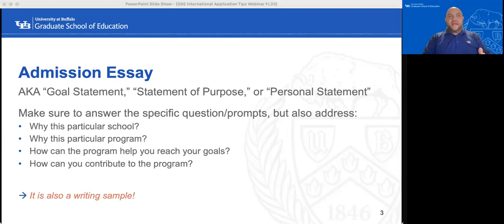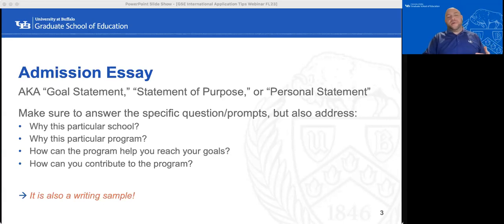Along with that, every application you go through, both in the Graduate School of Education and in other programs, may have completely different requirements in terms of what the admissions essay asks of you, whether a career goals statement, a statement of interest, or a statement of purpose. One of the things we notice with students, whether they're domestic or international, is that it's sometimes very clear that students have not read the prompts or the personal statement requirements of what we hope someone will speak to in their statement of interest.